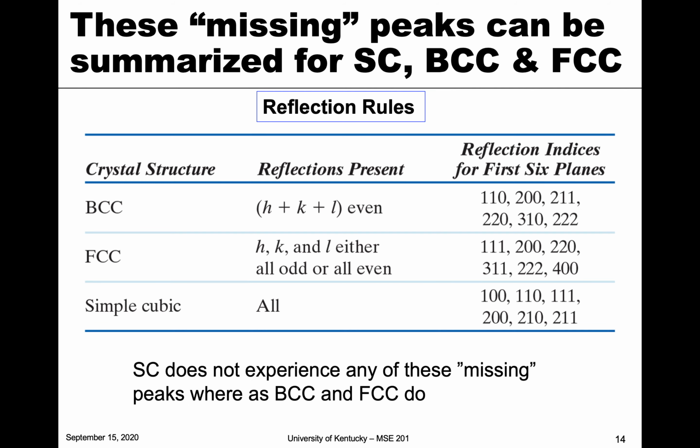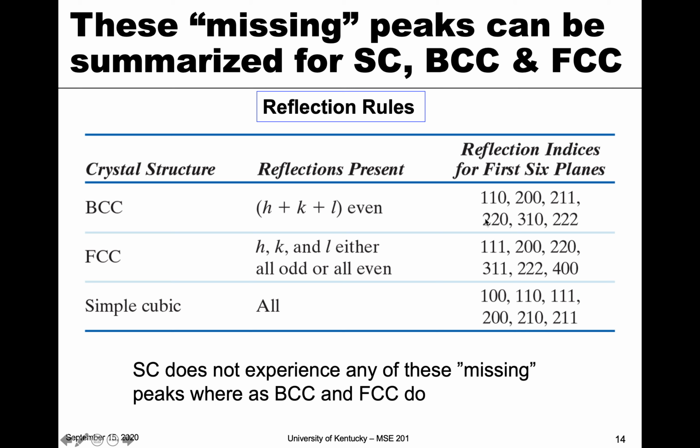If you go through all of those missing peaks, or what we call the reflection rules, you see that all of the structures have some type of restriction except for simple cubic. Those restrictions, or which reflections are present, tell us about what kind of structure.